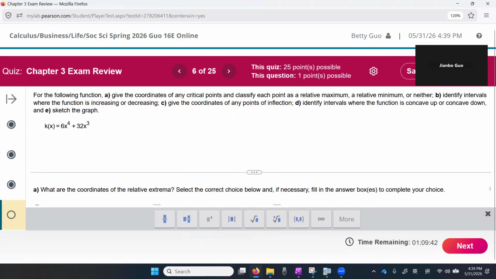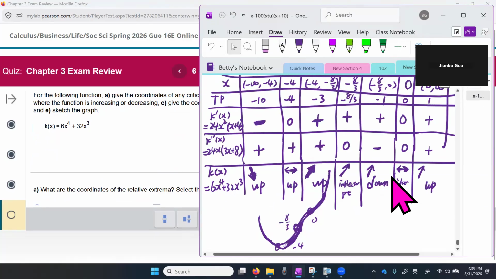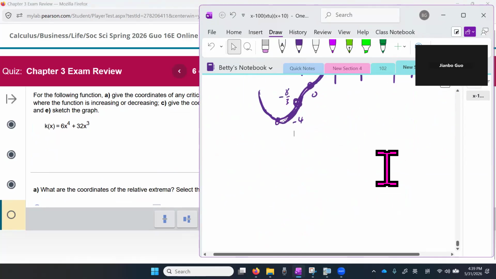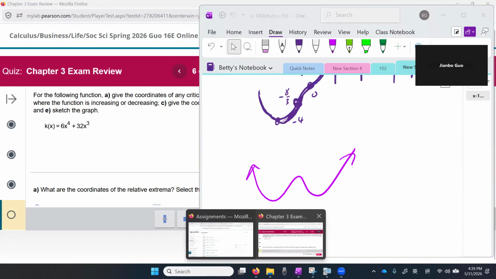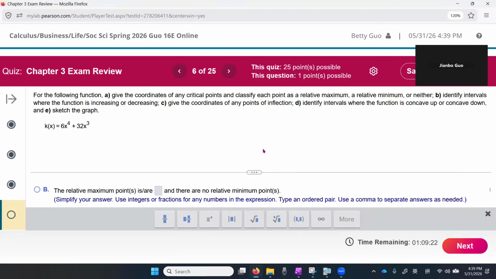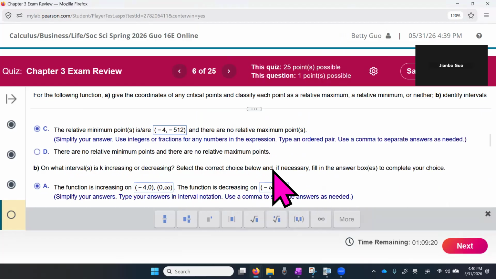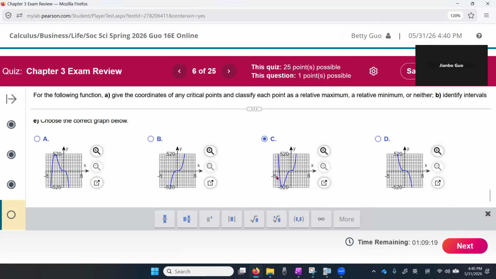The curve is going to be like this, W shape. This one is a little bit different, but as you can see, it's concave up, down and up. So it has to be this one.